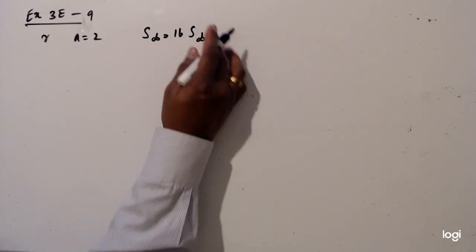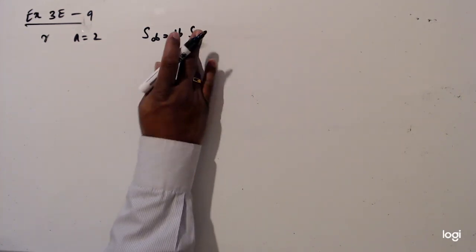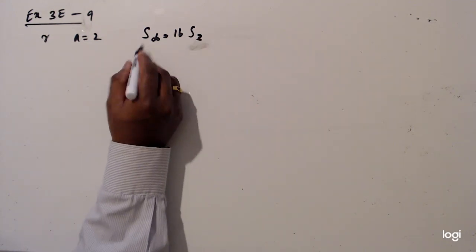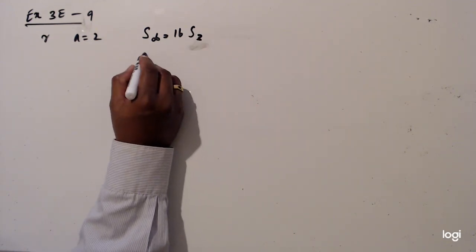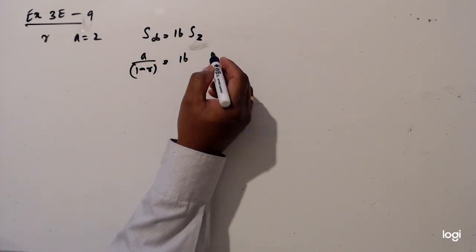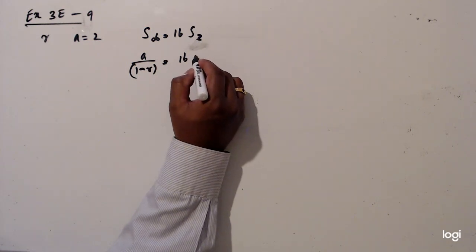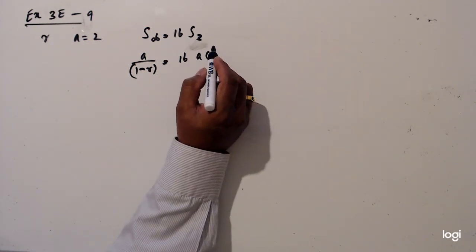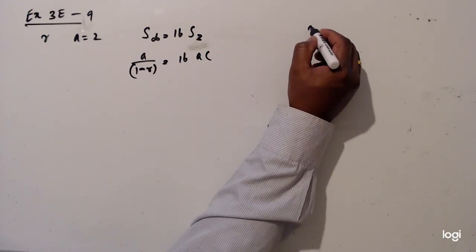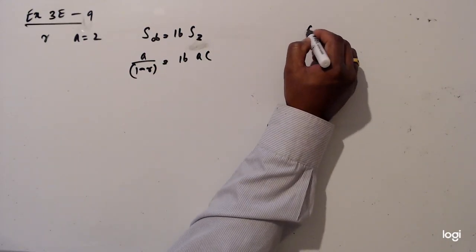So that is a normal sum again. S infinity means a over 1 minus r equals 16 times S3. Since the series is convergent, we are not going to use this one.